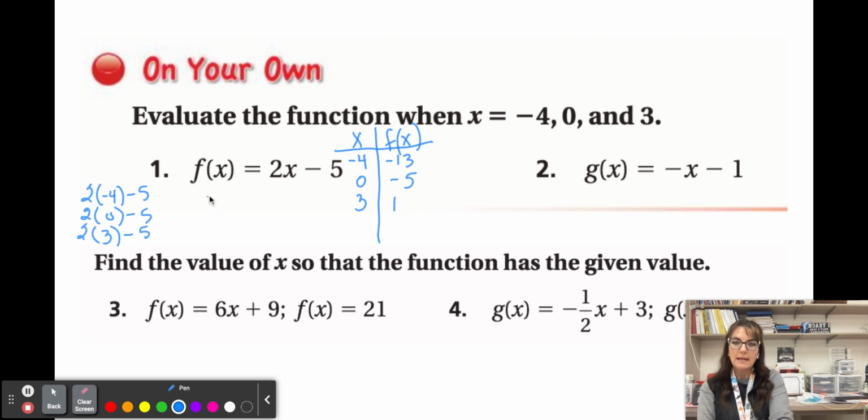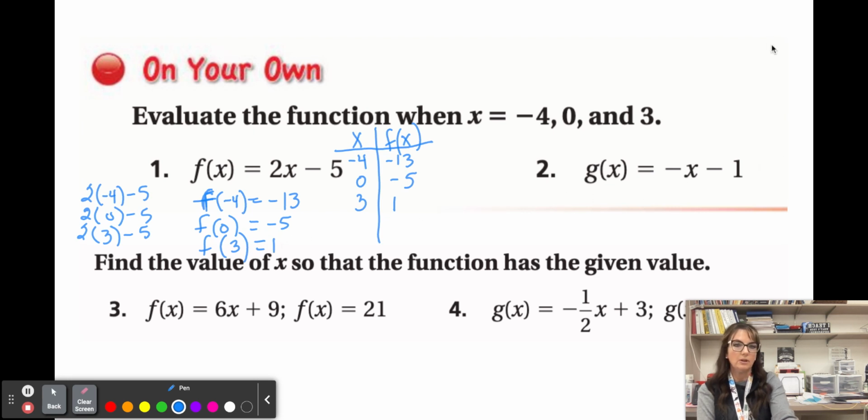We could also say that f of negative 4 is equal to negative 13. Notice that from this notation, you see the ordered pair negative 4, negative 13, x, y. F of 0: if the input is 0, we have negative 5. And finally, f of 3 is equal to 1.